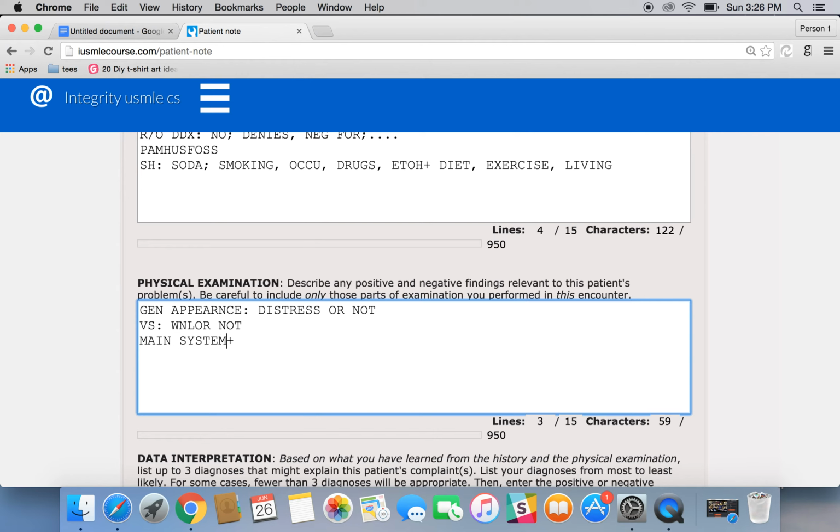If we have a case of the cardiovascular, you have the CVS system exam, you have the respiratory, and you're going to have the extremities. If you've got time to spare, you might as well have a little abdominal exam.